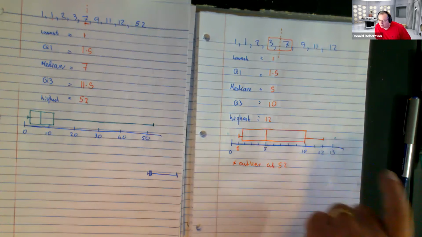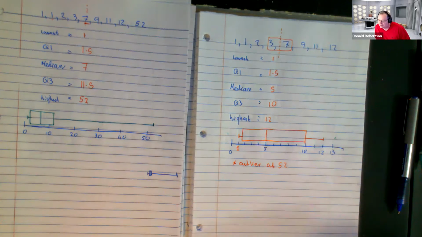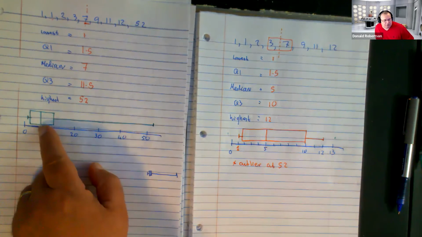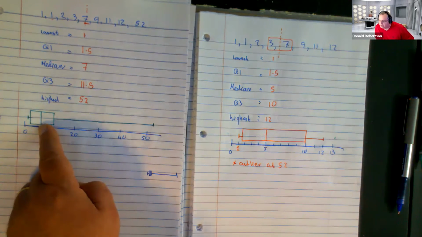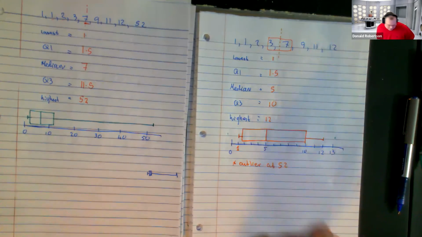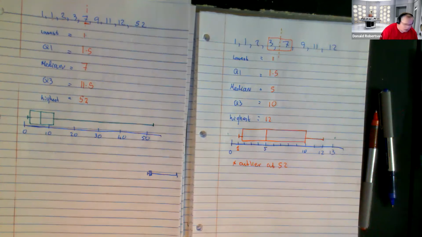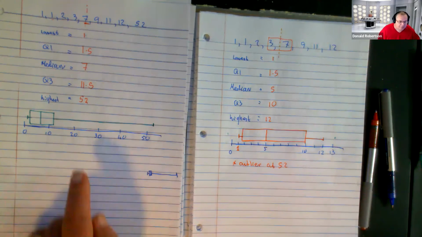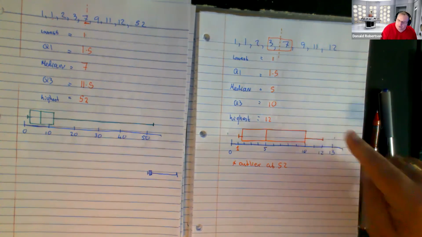So I could get away with slightly skewed to the right, I guess, if I was pushing it. I certainly couldn't tell very easily what that was doing before. You can tell a lot more from this picture. And that's how you get round, am I an outlier? And if I am an outlier, how you can remove it and do a new box plot without it.